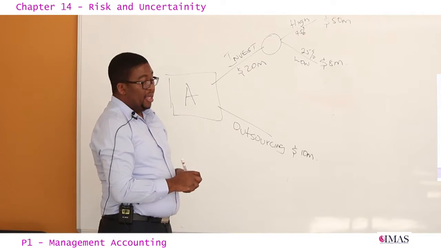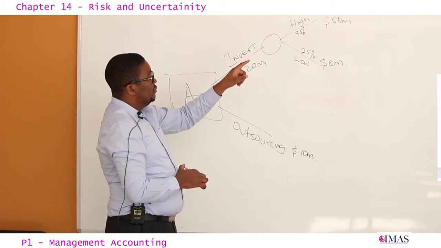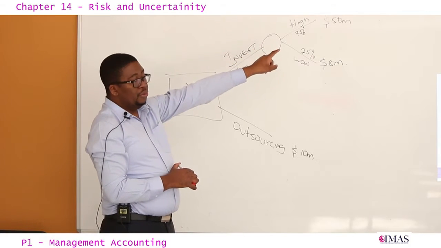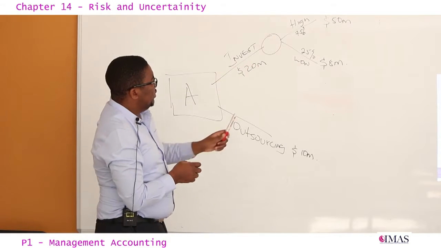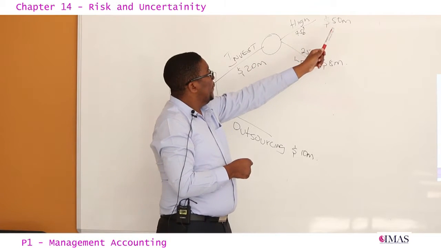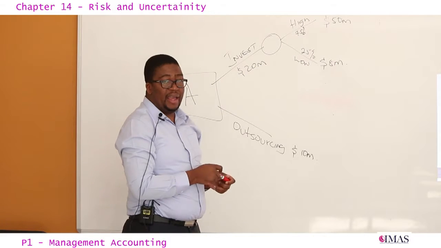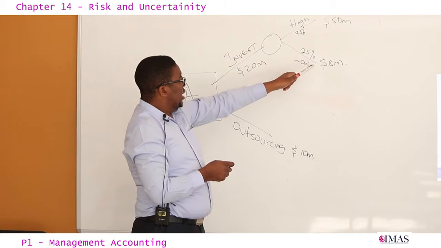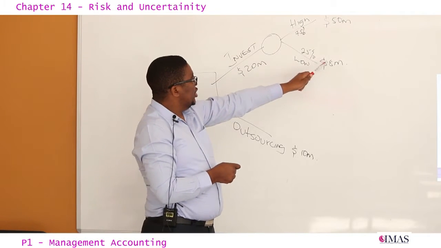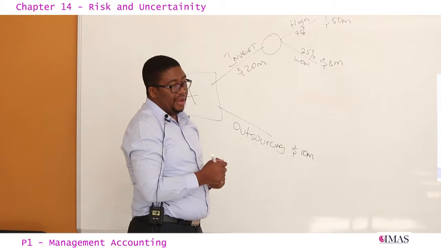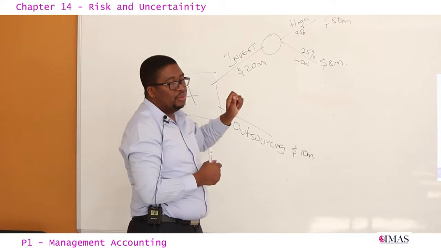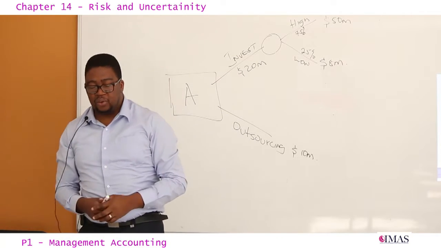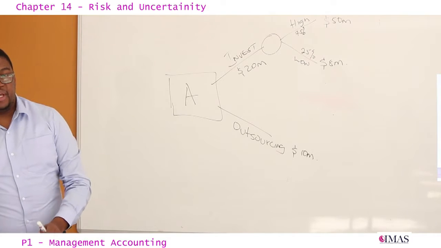However, if you invest, there's a 50 million here, but the chance of making 50 million is 75%, and then you can make 8 million here, the chance of making that is 25%. Then minus what you will have invested. You want to calculate what will be the outcome. Therefore, that's what they are asking us.